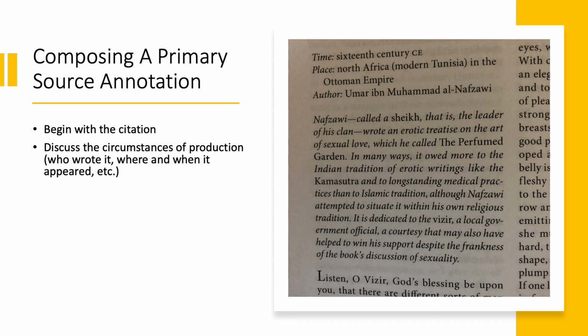In those cases, it just can't be stated with certainty. If that's the case for you, you can offer an educated guess by saying, this source was likely written by a physician, or it appears to have been composed by a poet or something like that. You can give a kind of rough sense of who the author might have been.